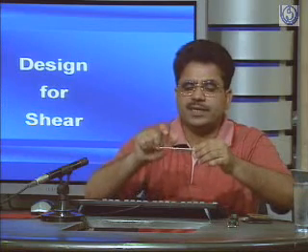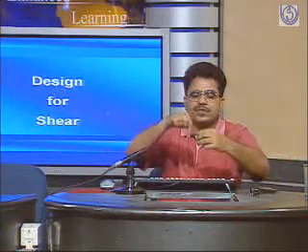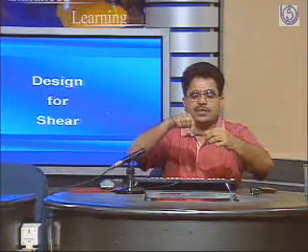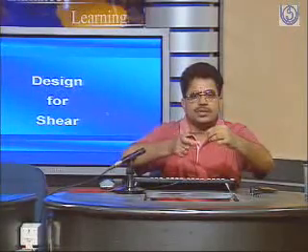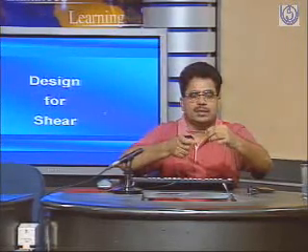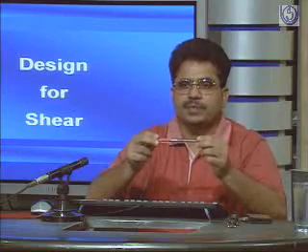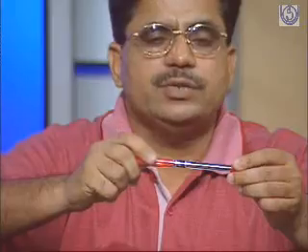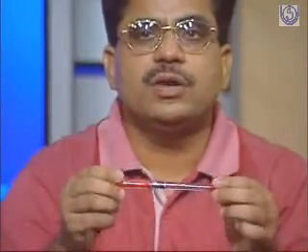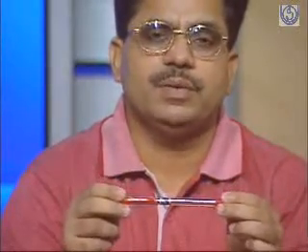And here what is the effect? This load is acting at a little distance from this beam. Then what will happen? It will generate a torsional moment that will act on this beam. It will try to twist. So that way torsional moment or twist comes into the structural members.